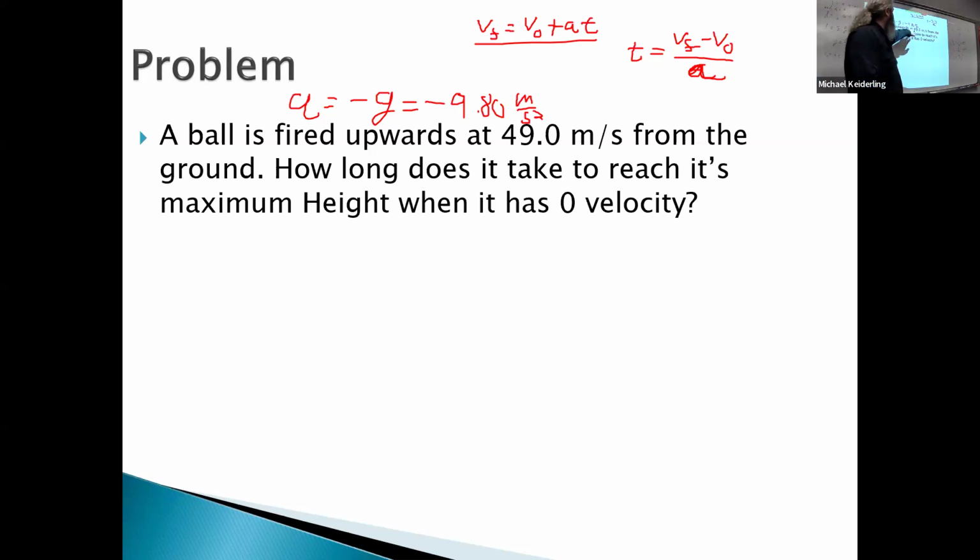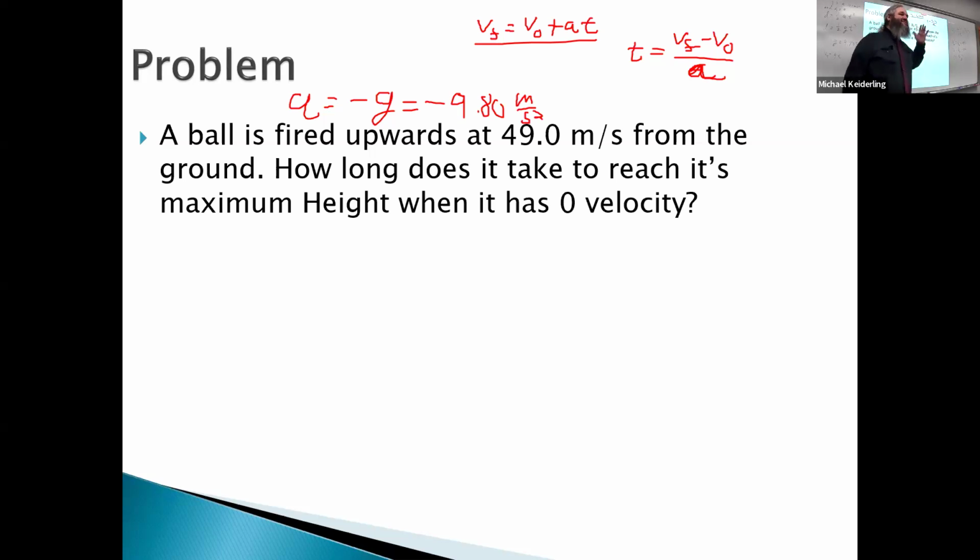So I gave you the initial velocity, 49 meters per second, the final velocity, 0, and the acceleration will be g. And in this case, because g is pointing down and our positive starting velocity is pointing up, g will be negative 9.8 meters per second squared. If you use positive 9.8 meters per second squared, you get a negative time.